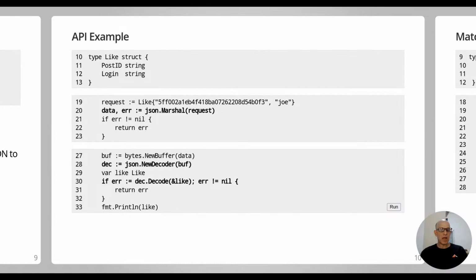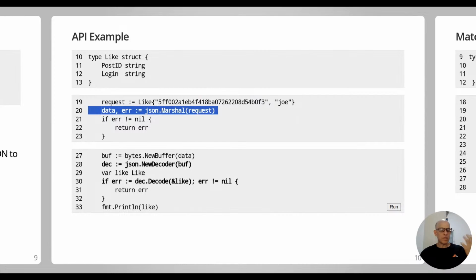So I'm creating a request, and now I'm using this bytes API where I'm going to use json.Marshal, and now data is actually a sequence of bytes. And now I can do whatever I want with these bytes: write them, send them over the network, store them in the database. That's up to me. But this is just working with bytes. And this is encoding, or as we call it, marshalling.